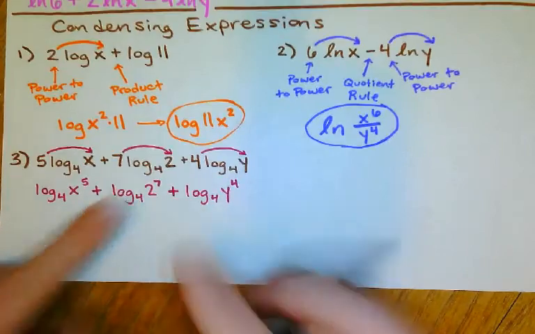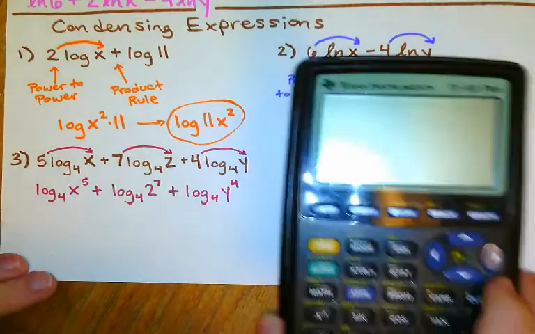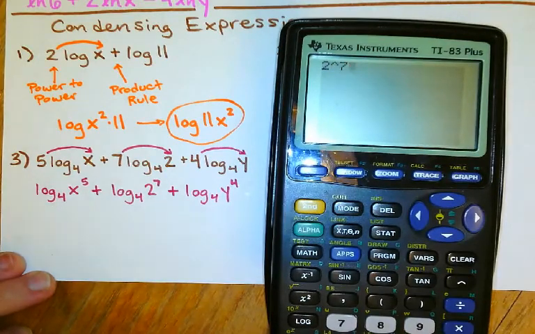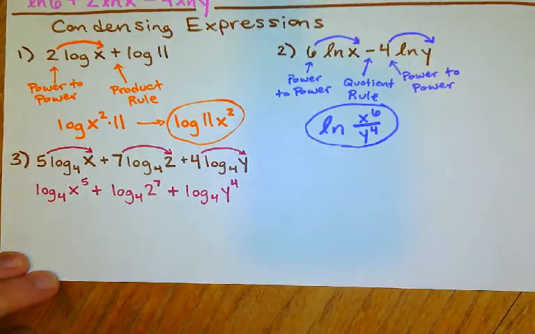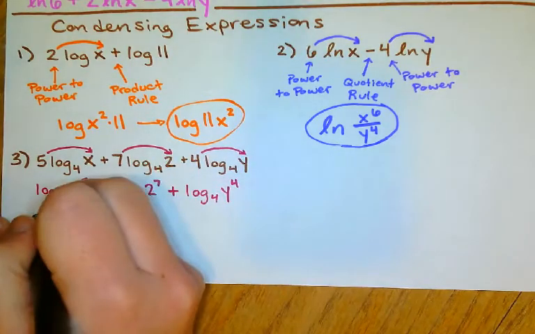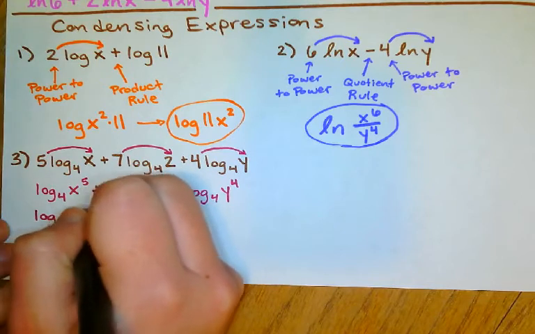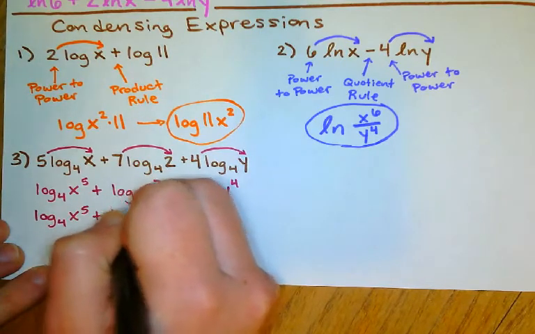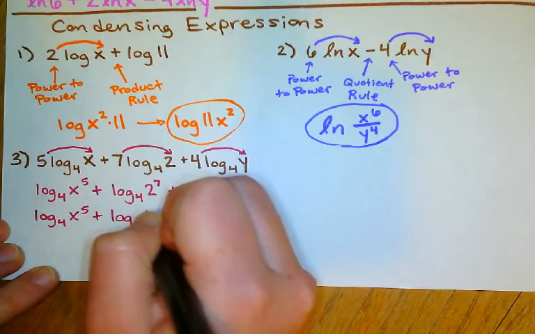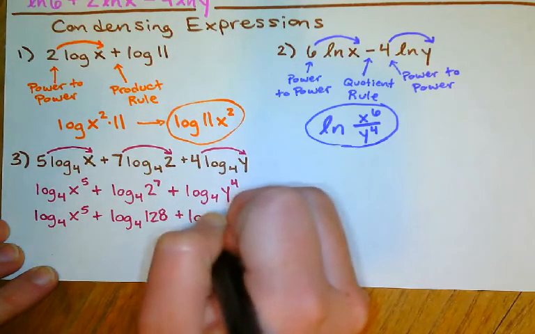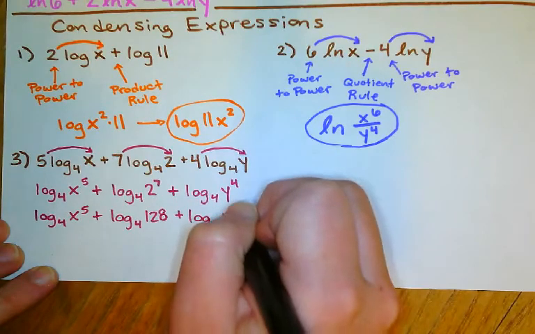What is 2 to the 7th? If I plug this into my calculator, 2 to the 7th power is going to give me 128. So, I'm going to write that here. This is log base 4 x to the 5th plus log base 4 of 128 plus log base 4 of y to the 4th.